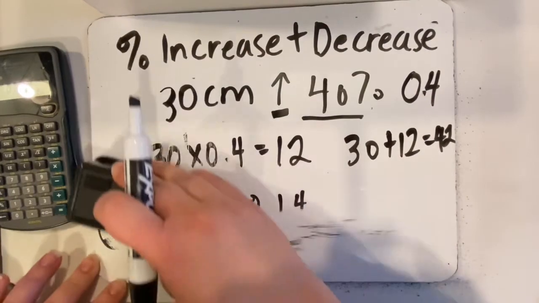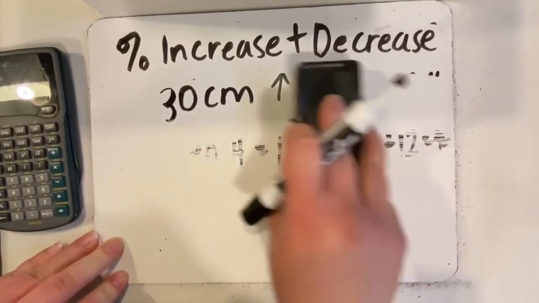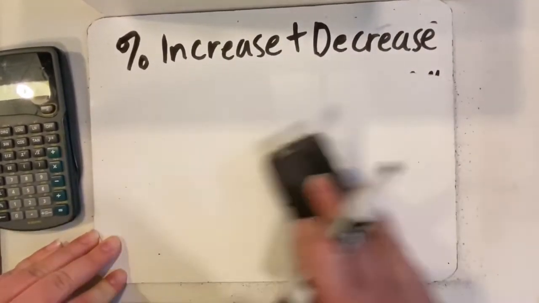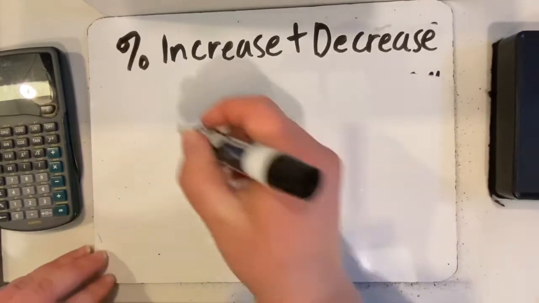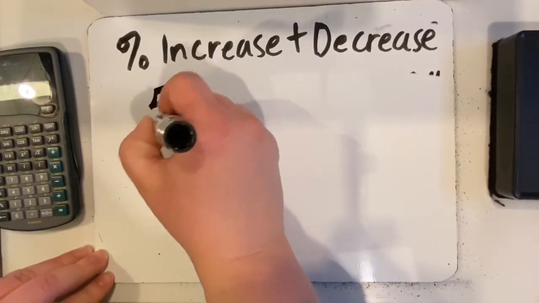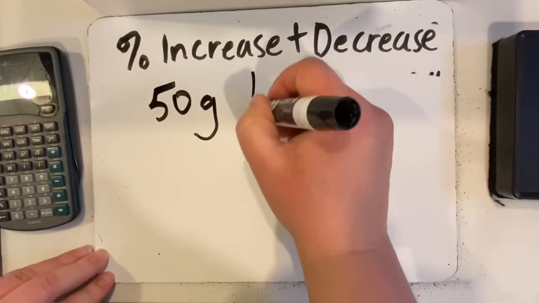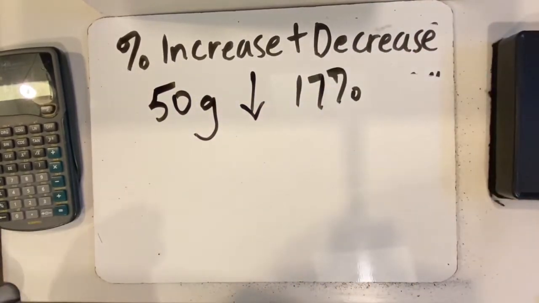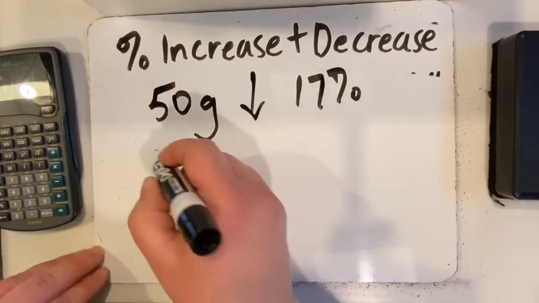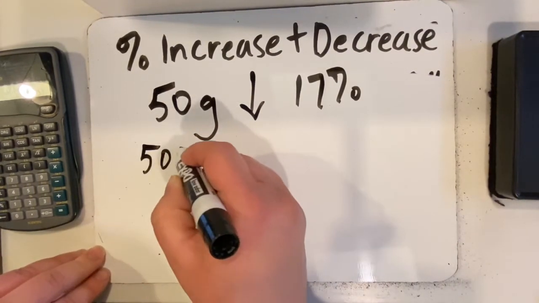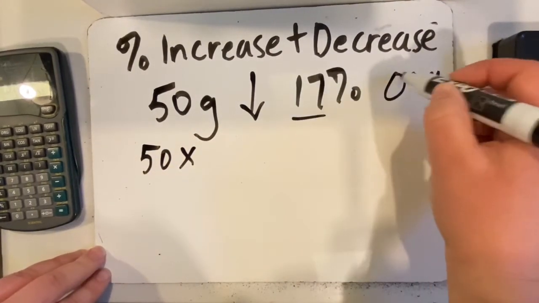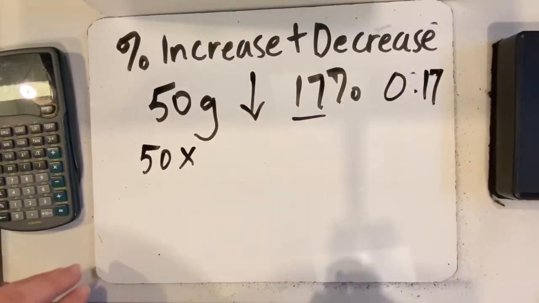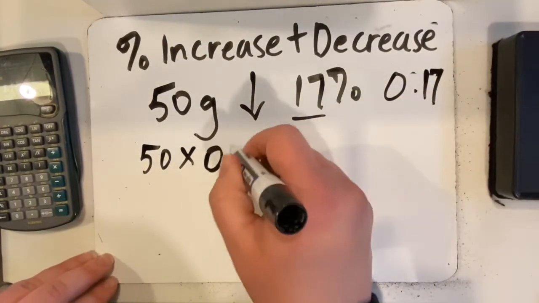Now, what about a percentage decrease? Let's say we have a mass of something that is 50 grams, and it's decreased by 17%. Again, using method 1, we take the original number and multiply it by the decimal form of the percent.